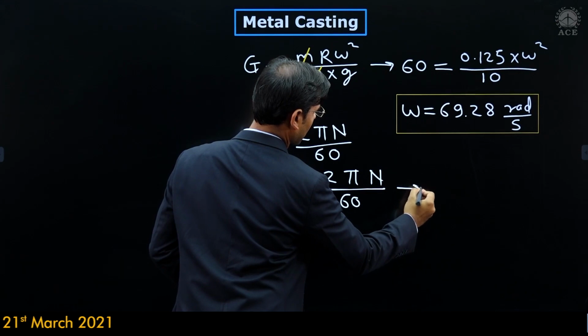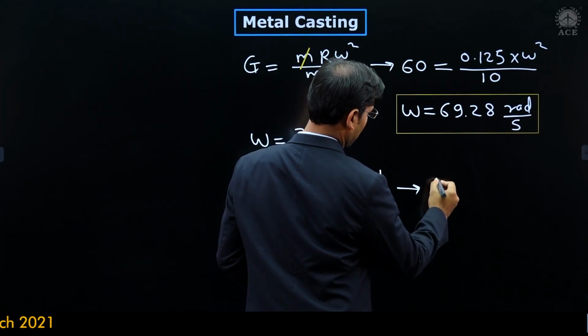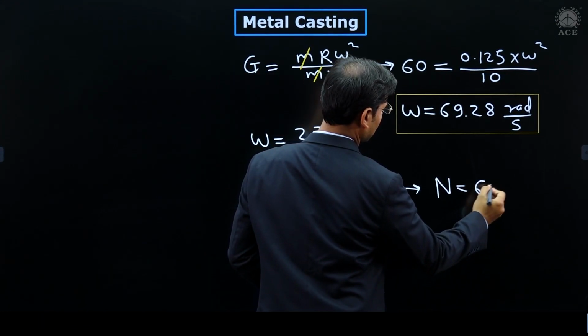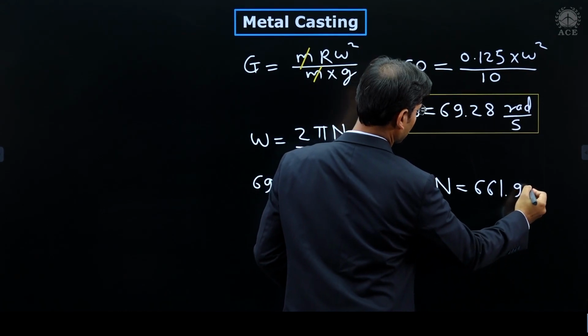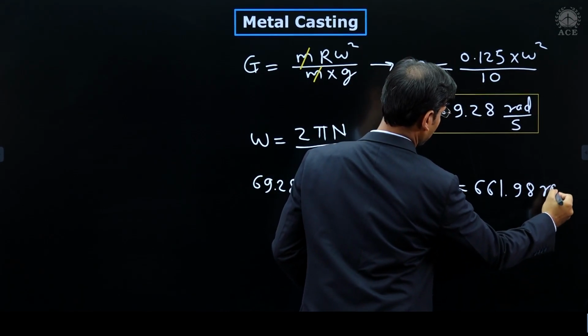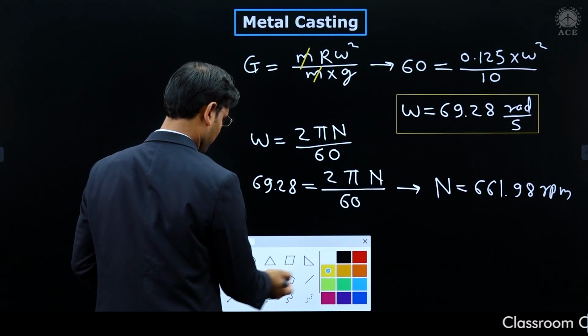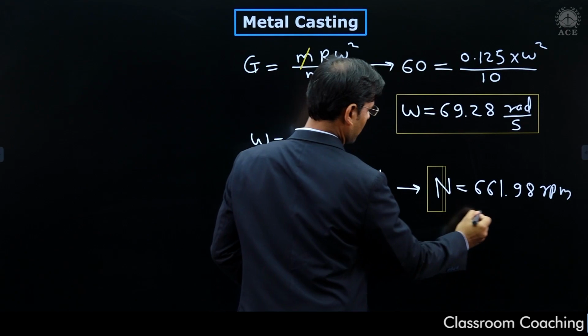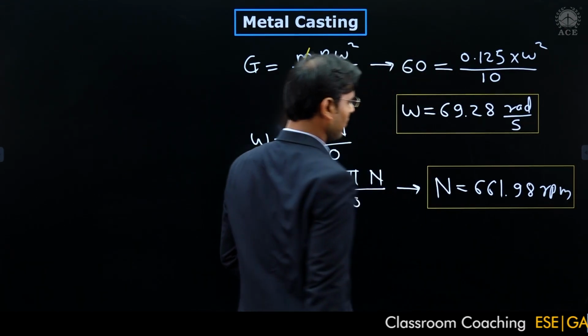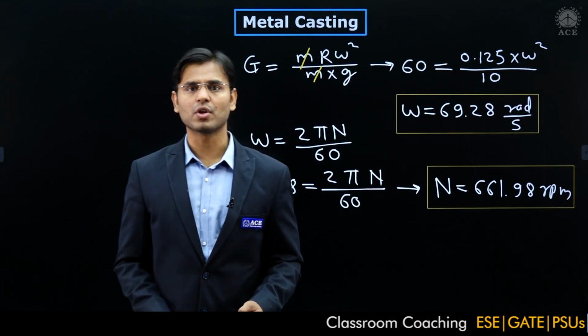Then calculate the value of N, that N is 661.98 RPM. Yeah. With this, the value of capital N, this problem is over.